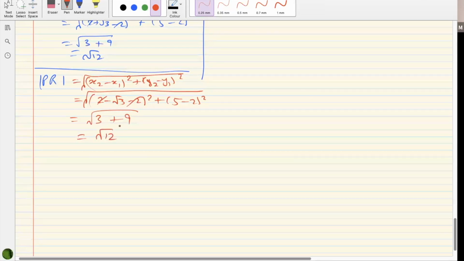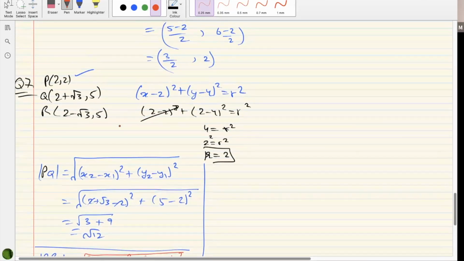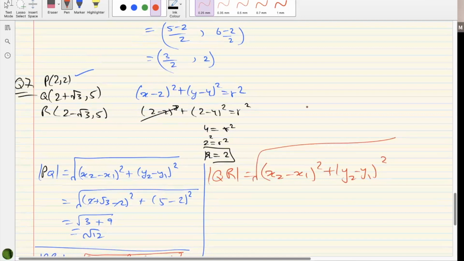Two sides are already there. We've done PQ, we've done PR. We're left with QR. QR is the square root of x2 minus x1 whole squared plus y2 minus y1 whole squared. Now I have to subtract the coordinate of x, so I'm directly changing its sign.